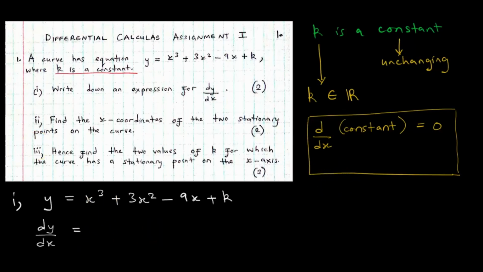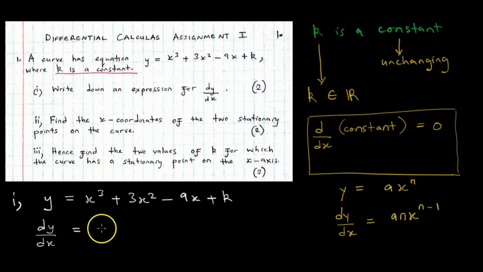As we already know from what we have learned, takati kana y iri equal to a x to the power n, zvoreva kuti dy dx is equal to a anodonha yova n x to the power n minus 1. So that's what should be done.